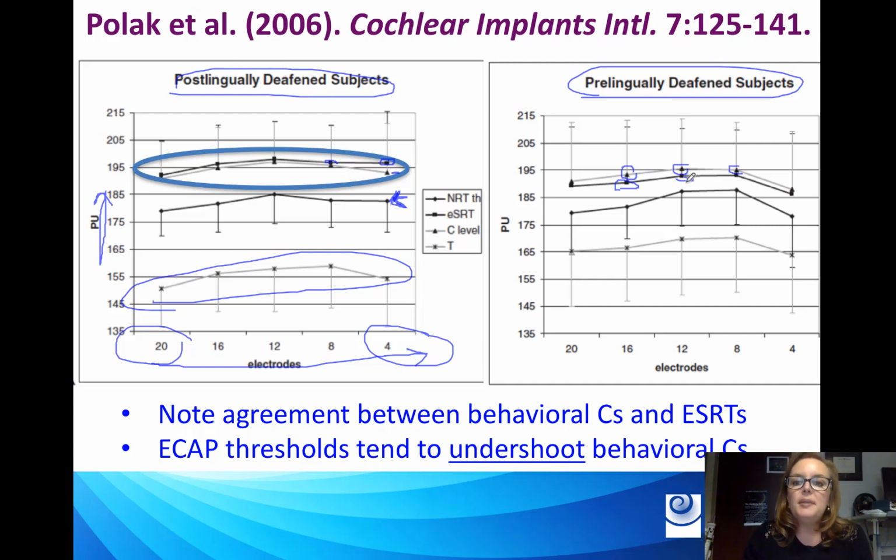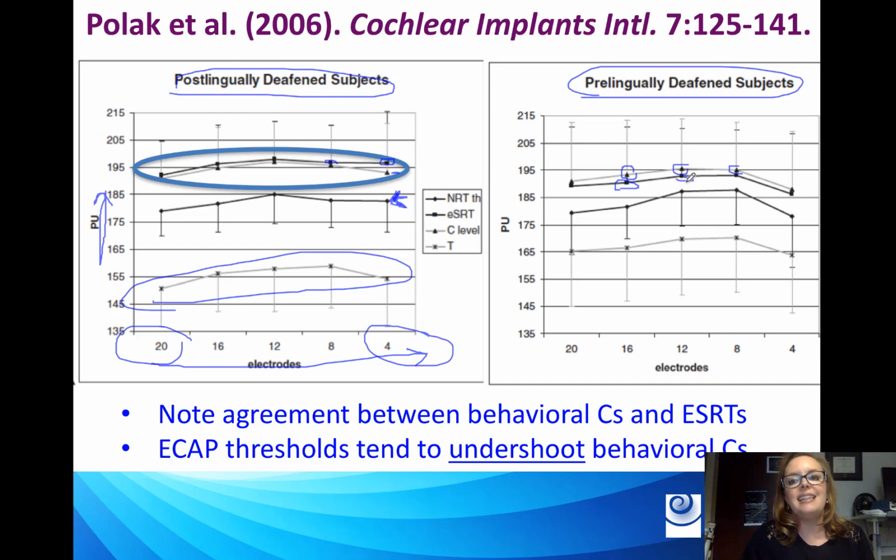So this is probably not terribly surprising, because we know prelingually deafened adult patients who are implanted as adults do tend to have a lot of power because they've used high power hearing aids their whole life, and it's often that they have higher upper stimulation levels than our typical postlingually deafened adult cochlear implant recipients.